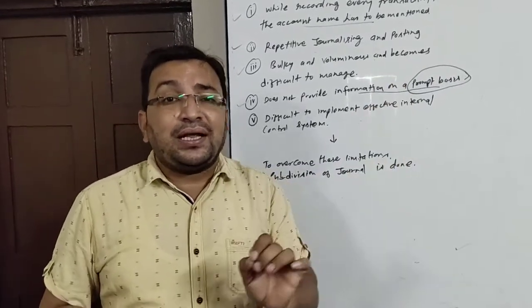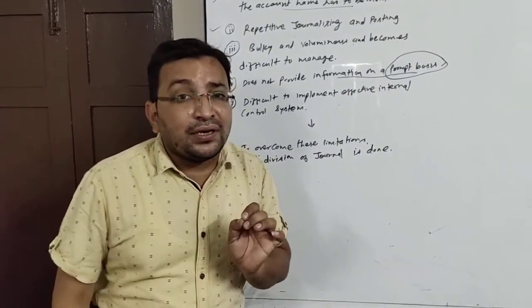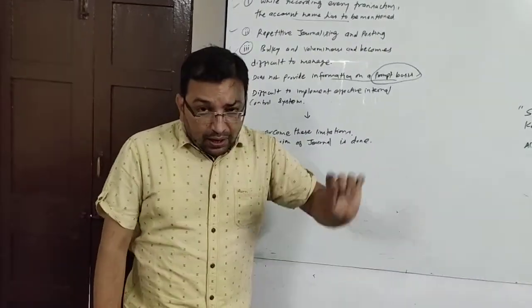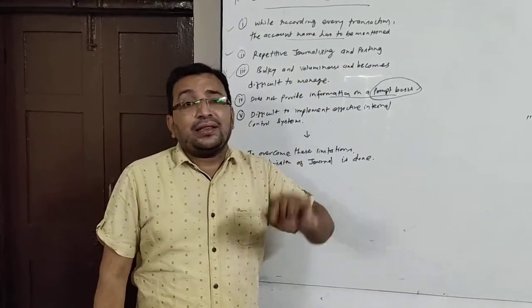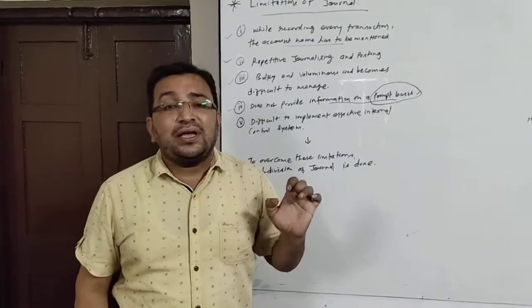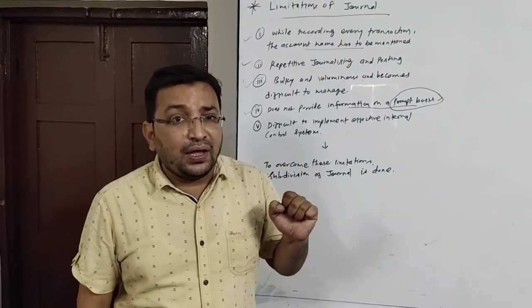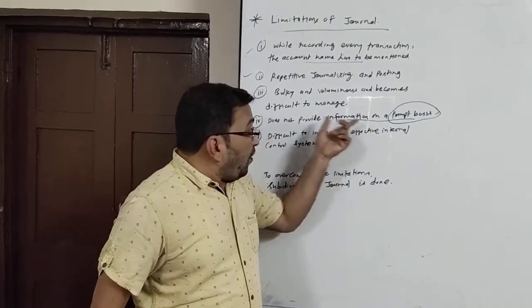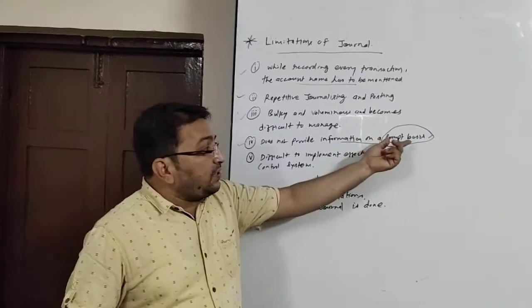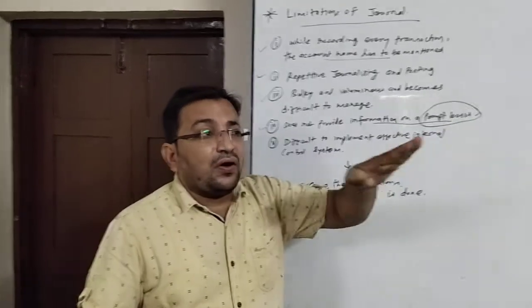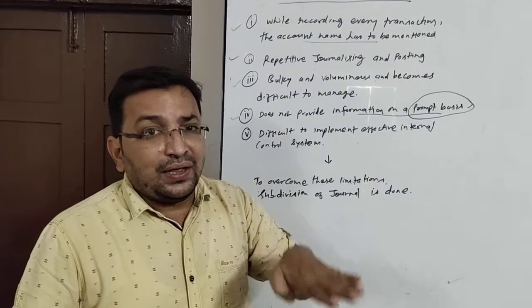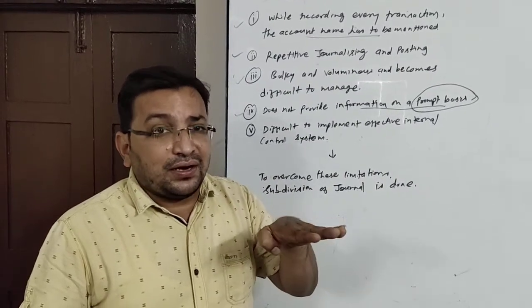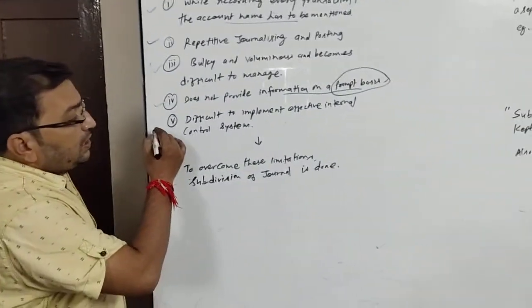Means immediate answer you will not get for your question. You will have to go through the entire pages of journal and then you will find how much purchase you have. So information on prompt basis is not that easy when we continue with the journal book. What else?